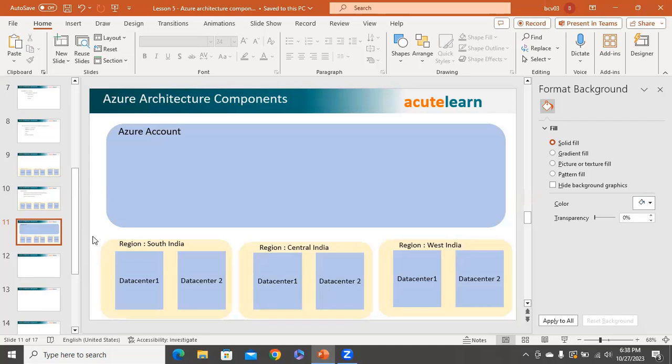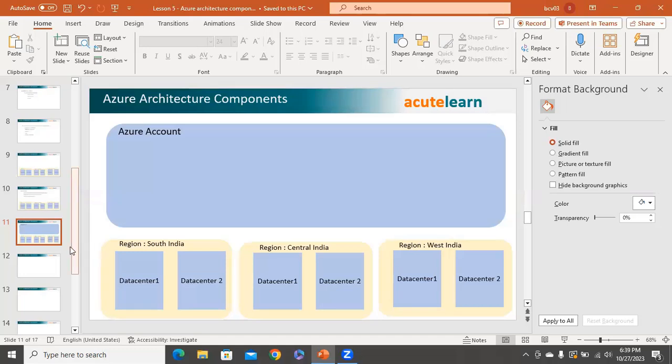But in many data centers, we can use it. Some data centers have some restrictions. However, if I have one Azure account created, logically I can create resources in any data center or consume the services of any data center.